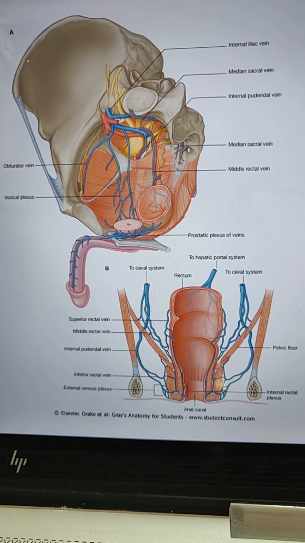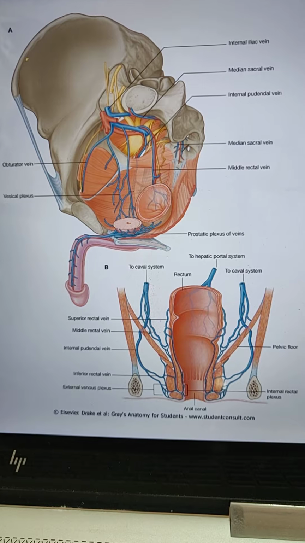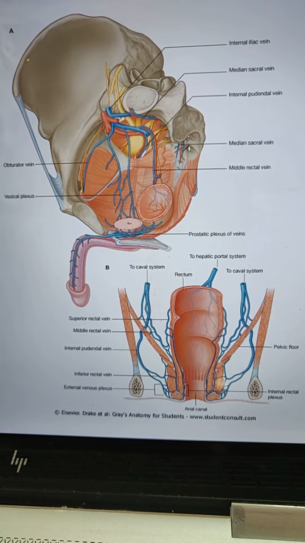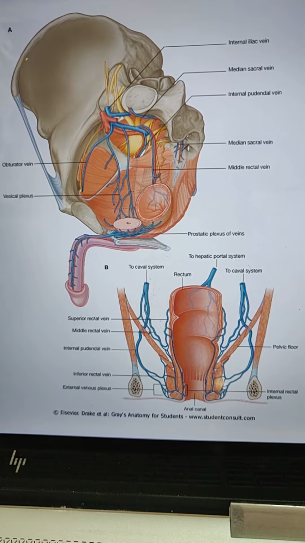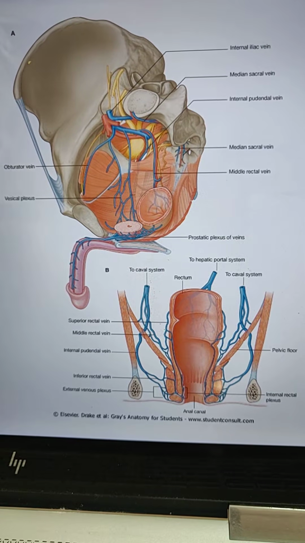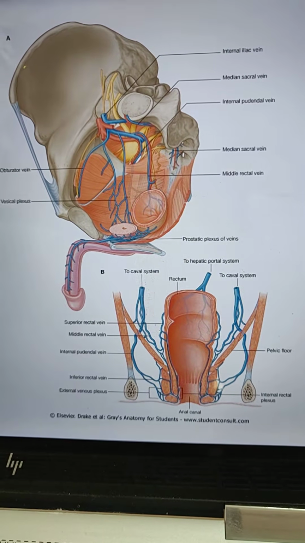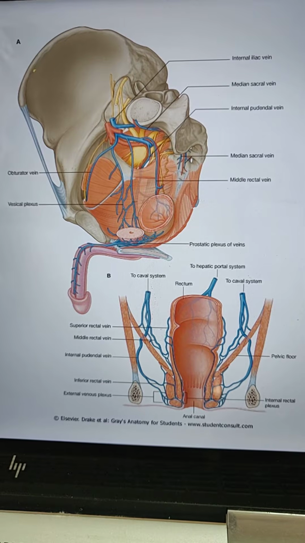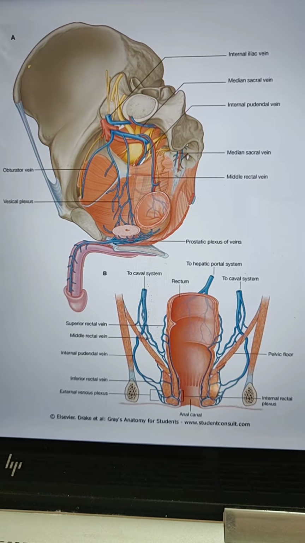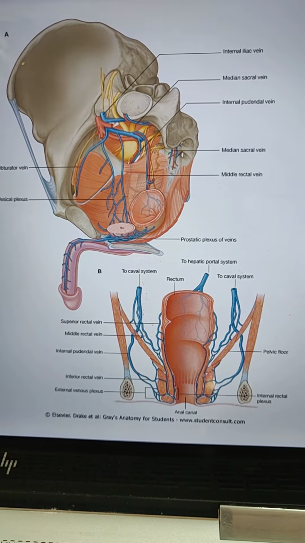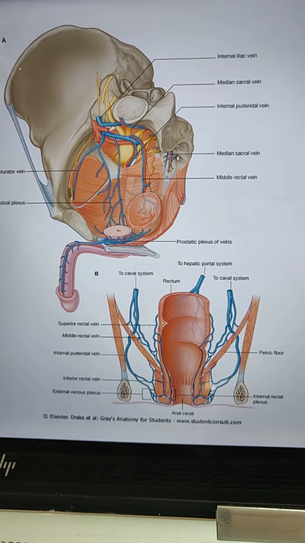So it is known as the paravertebral vein of Batson. So prostatic cancer metastasizes via the vertebral venous plexus.